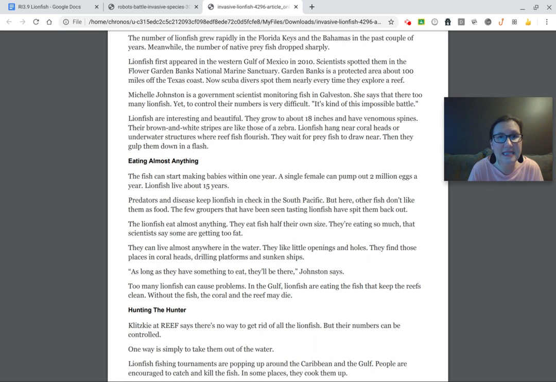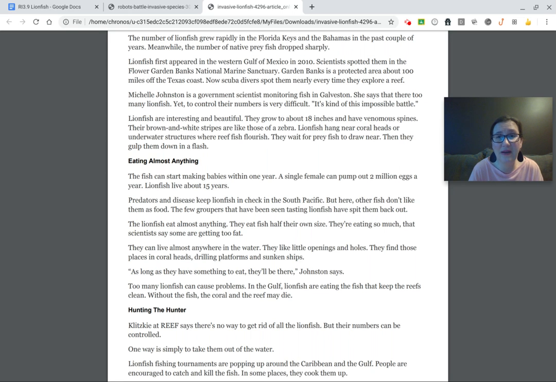Michelle Johnson is a government scientist monitoring fish in Galveston. She says that there are too many lionfish, yet to control their numbers is very difficult. It's kind of this impossible battle. Lionfish are interesting and beautiful.